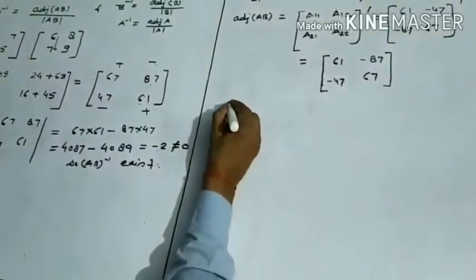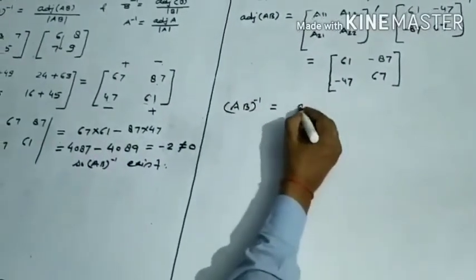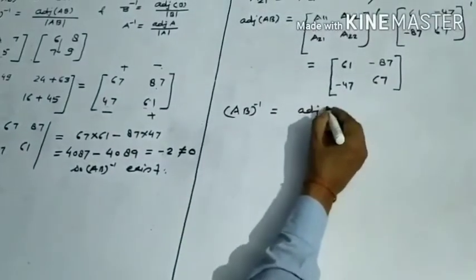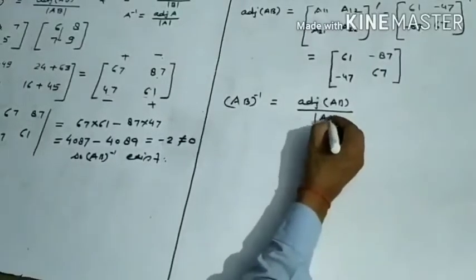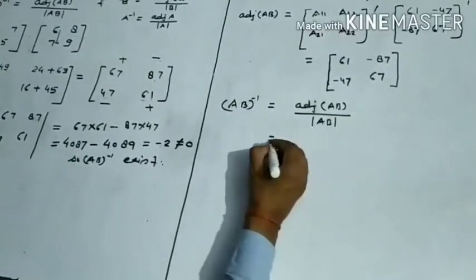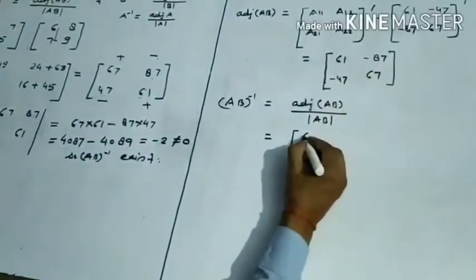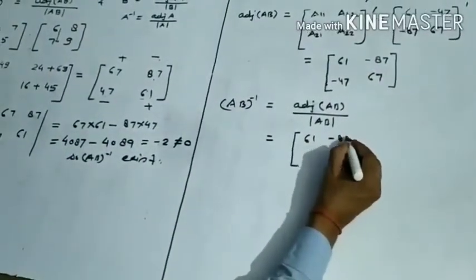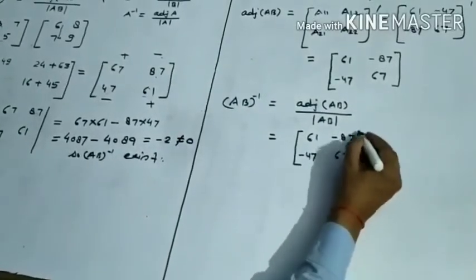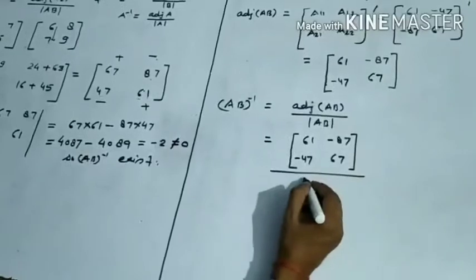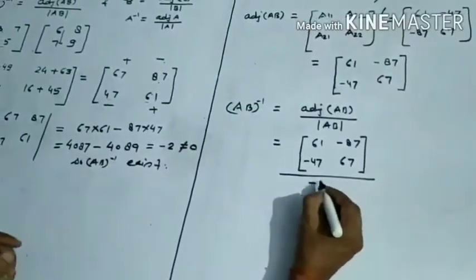Now (AB) inverse is equal to adjoint AB upon determinant of AB. So this is equal to adjoint AB, meaning this matrix [61 -87; -47 67], upon the determinant of AB, which is minus 2.